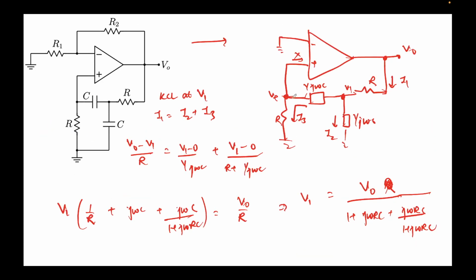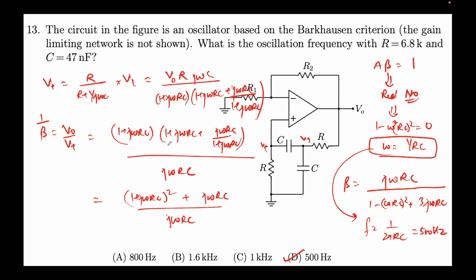Then we apply the potential divider and everything. Sorry, this was correct actually earlier, it was my bad, so this was indeed beta.